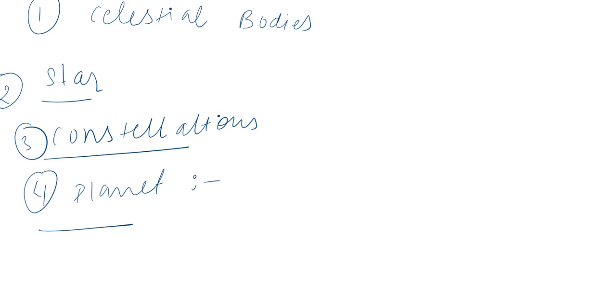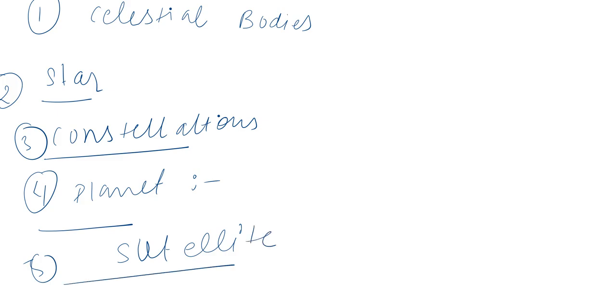For example, our Earth is also a planet, and it appears shining from other planets or celestial bodies because it is lit up by the star which is the sun. The fifth definition is the definition of a satellite. A satellite also does not have its own heat and light, and it revolves around a planet.